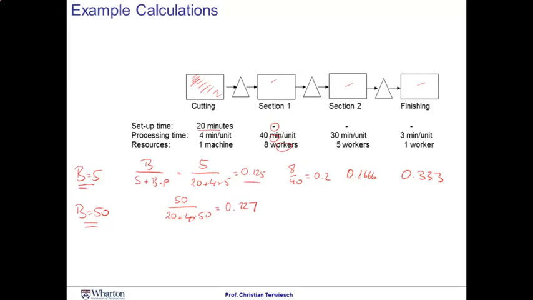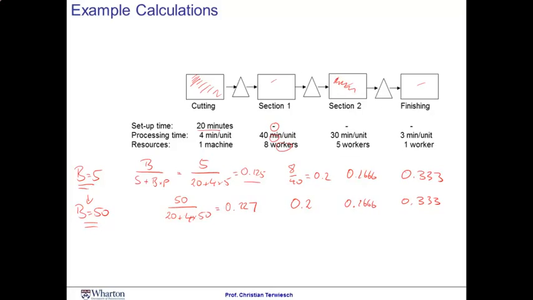And the other capacities have not changed because there was really no setup involved. Their capacity is independent of the batch size and remains at 0.1666 for section 2, 0.333 for the finishing department. Now look what has happened. By increasing the batch size from B equals 5 to B equals 50, we have been able to shift the bottleneck. Now the bottleneck is at section 2.